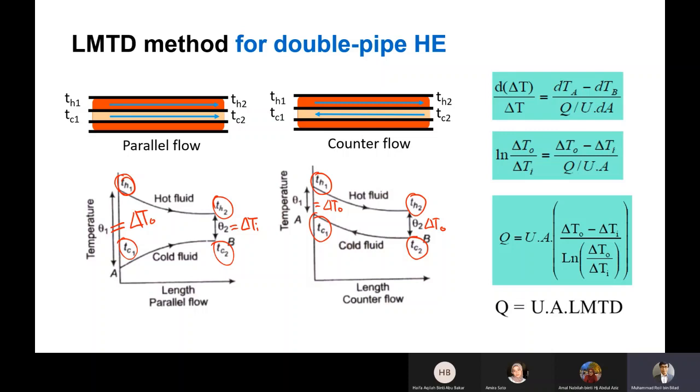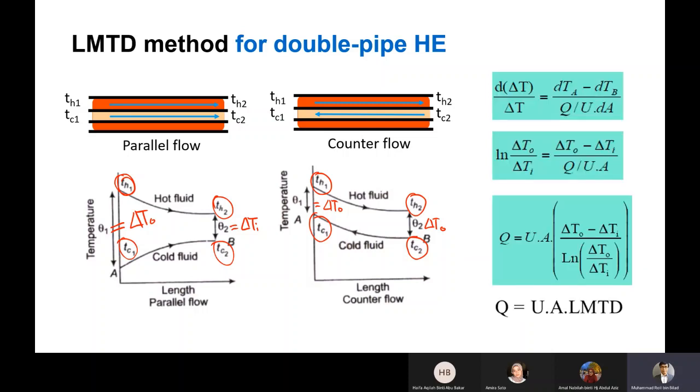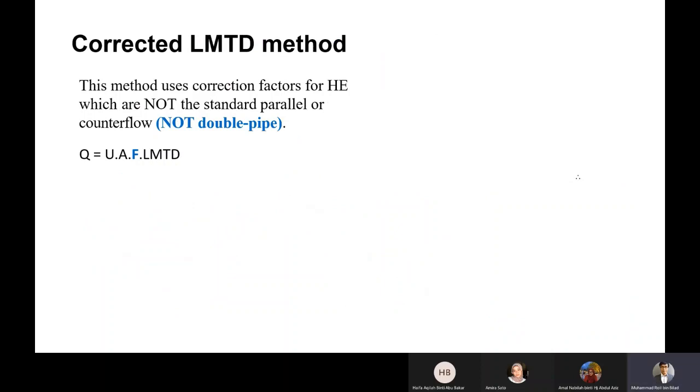Instead of having that UA delta T, we can now replace the delta T with LMTD. Remember that this is only applicable for a double pipe heat exchanger. So what if you have a different type of heat exchanger?